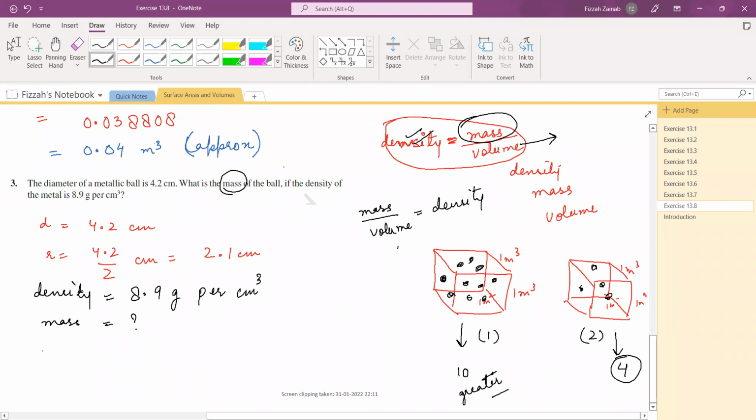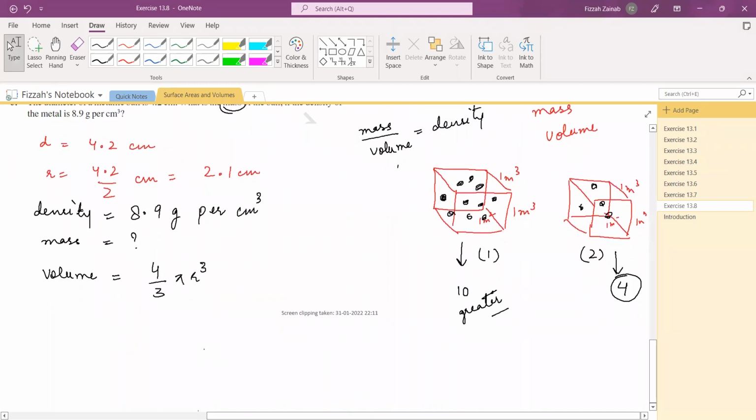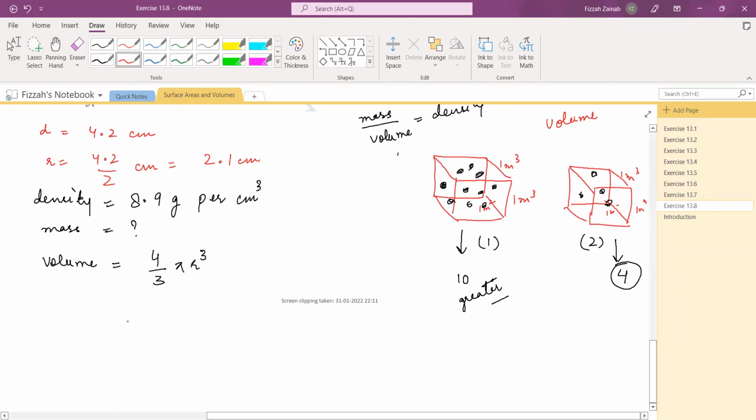Yes, ma'am. So let us first try to find the volume. Because this is a spherical ball, volume is equal to 4/3 pi r cube. Yes, Miraj? Yes, ma'am. Put the values here. 4/3 into 22/7 into r cube, which is 2.1 centimeter cube. So I'm writing 21/10 into 21/10 into 21/10 directly.